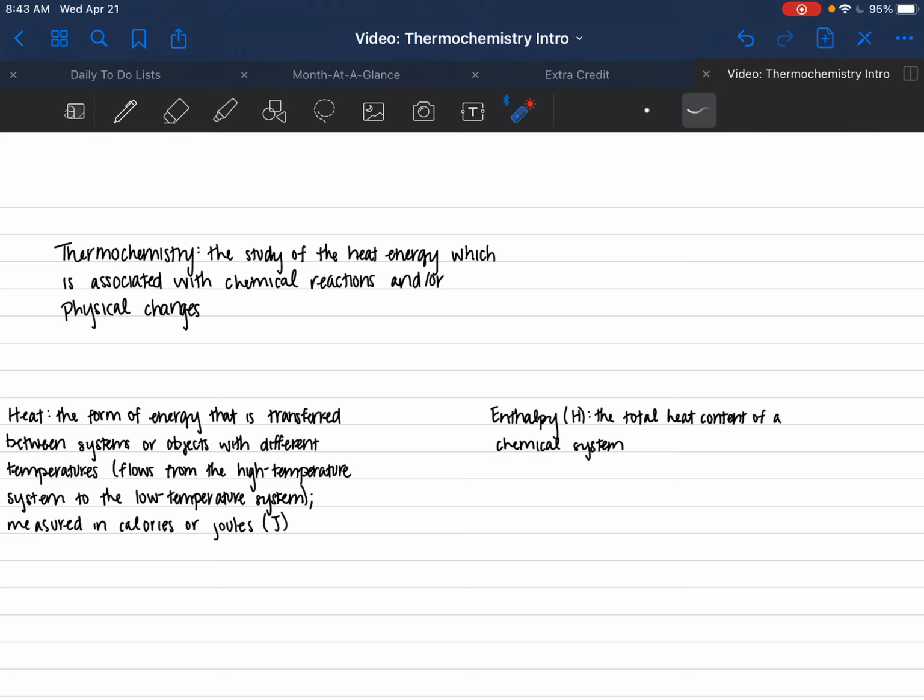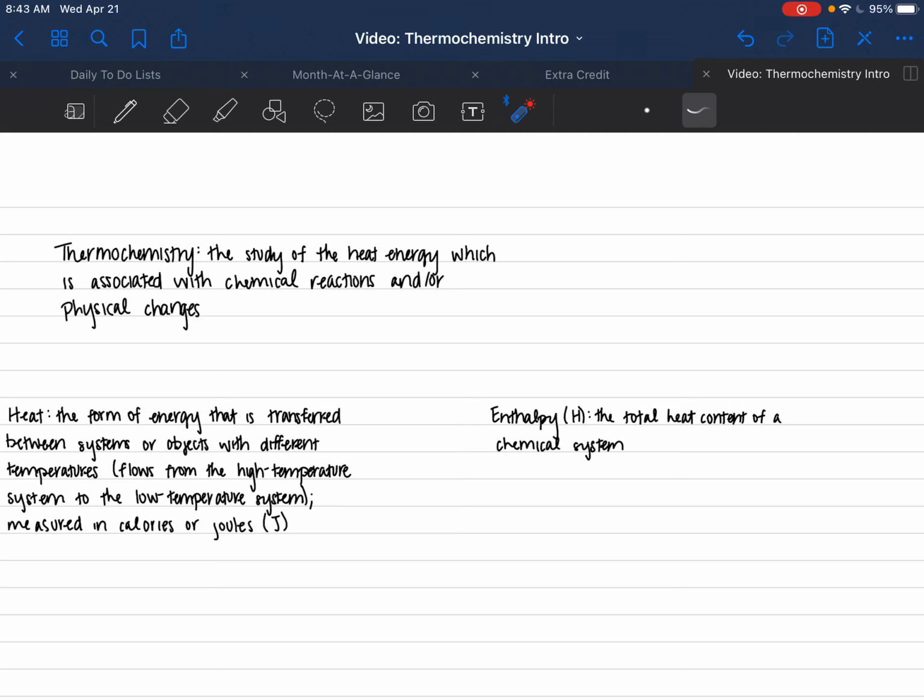So thermochemistry, we're talking about thermal energy and chemical energy, as you could guess from the name of that. Thermochemistry is the study of heat energy, or that thermal energy, which is associated with chemical reactions and or physical changes.